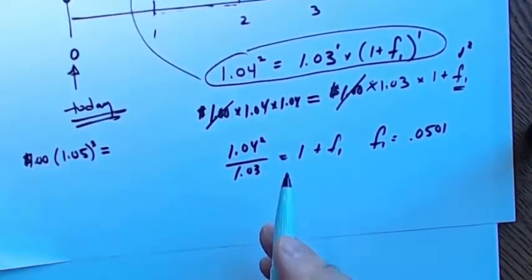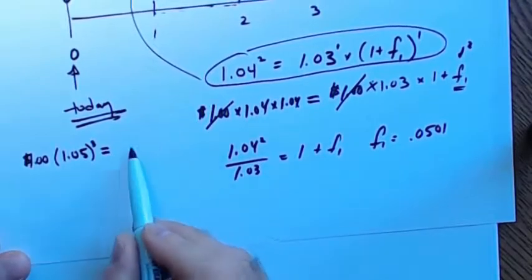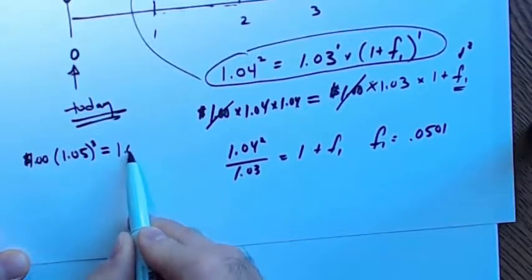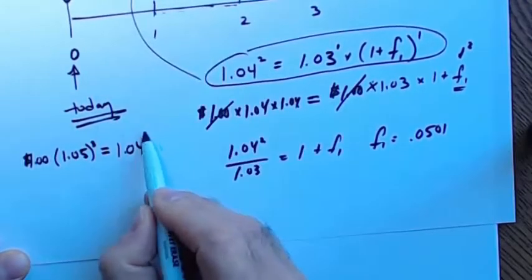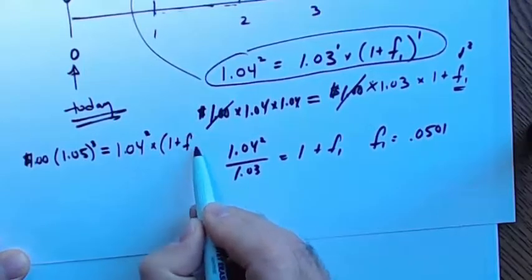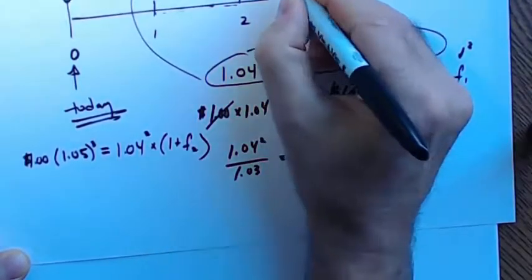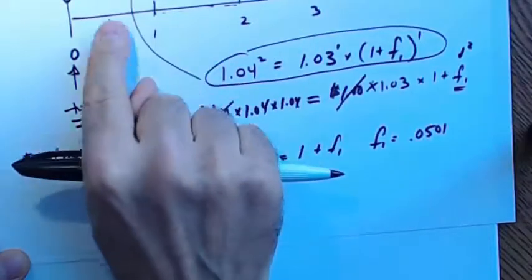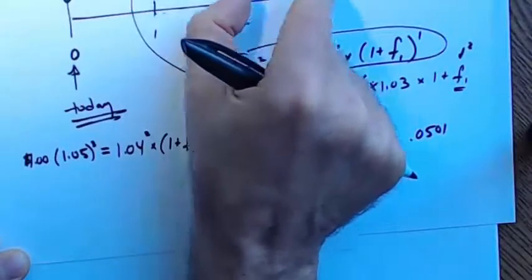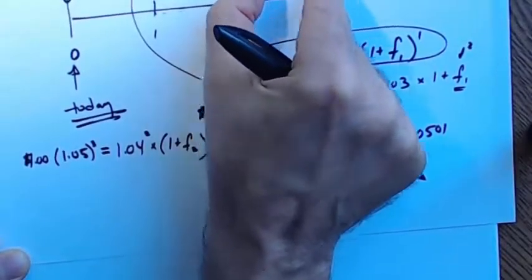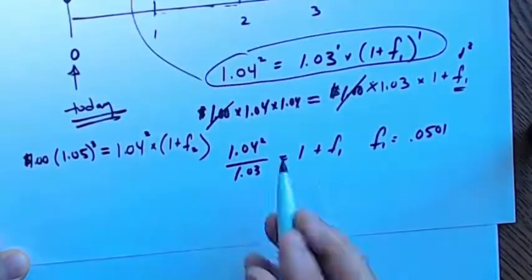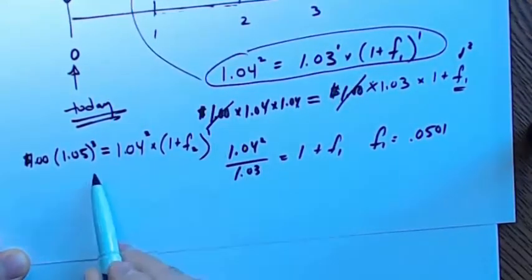And you're indifferent between doing that and investing your money at 4% for 2 years and then rolling it over into a mystery interest rate. We'll call this F2. So we invest for 3 years here, we invest for 2 years here, and now we want to figure out what is this interest rate that we're going to roll it over in 2 years from now that covers 1 year. That's here.